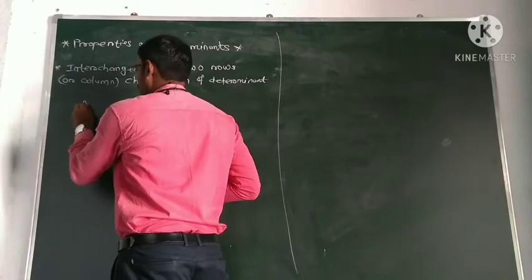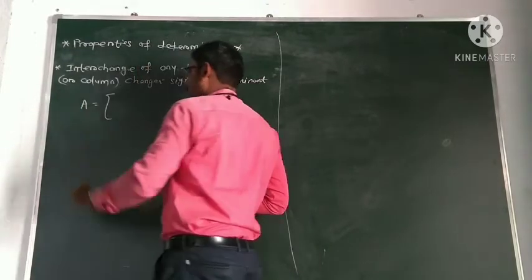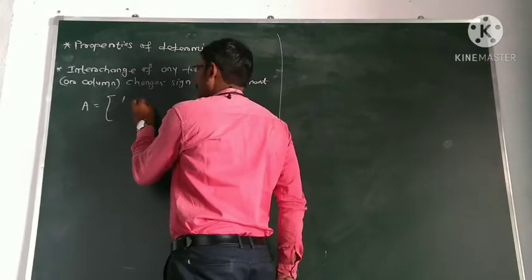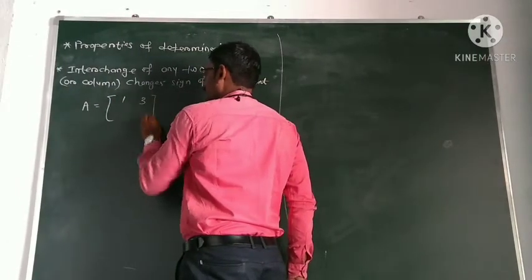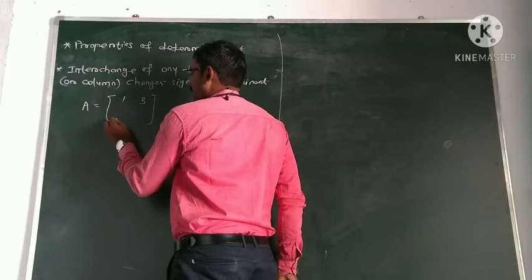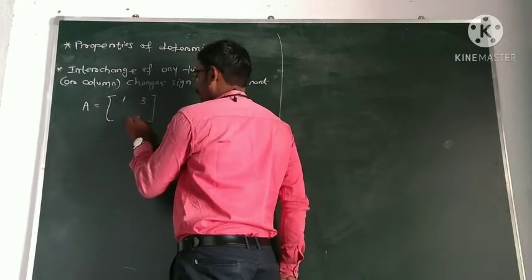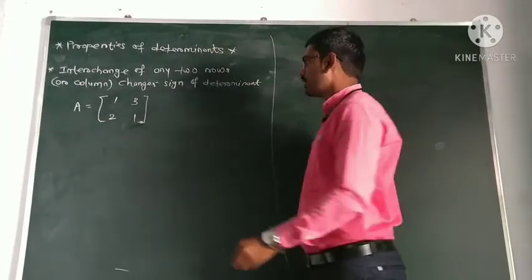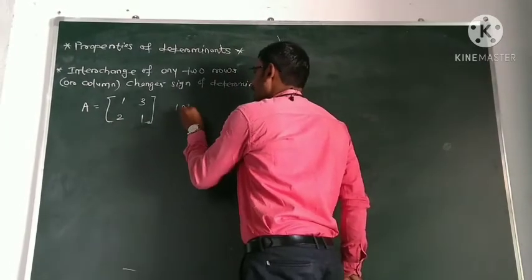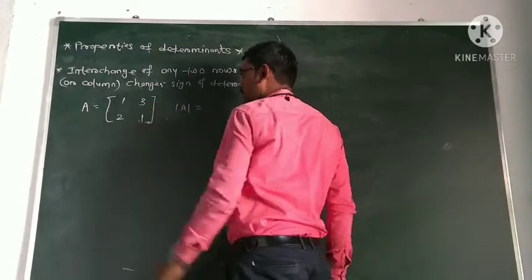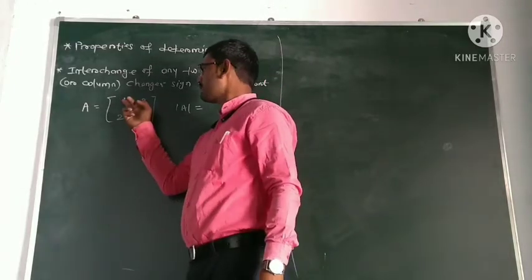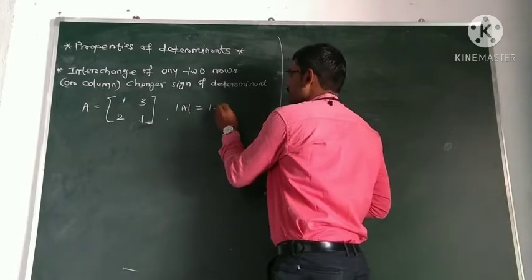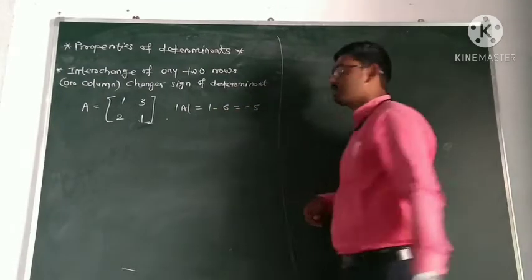Suppose the matrix A is equal to first row 1 3, and the second row is 2 1. Now the determinant of this matrix is 1 into 1 is 1 minus 3 into 2 is 6, so 1 minus 6 is equal to minus 5.